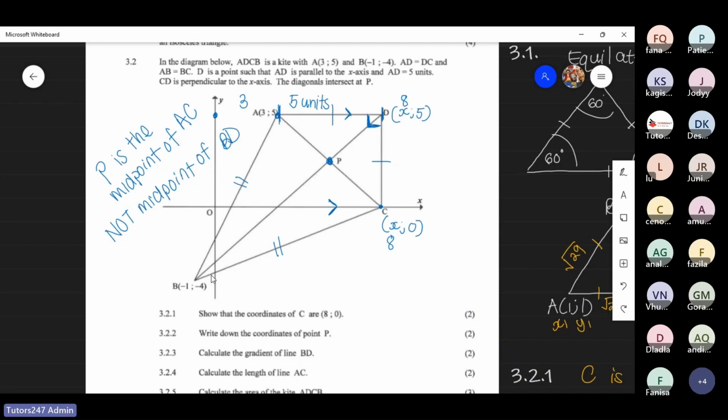So let's have a look. We need to find BD. We've previously calculated or found the length AC. What I would recommend, apart from knowing your properties of a kite or your properties of shapes, is also know your perimeter formulas, your area formulas, your surface area formulas, and your volume formulas.